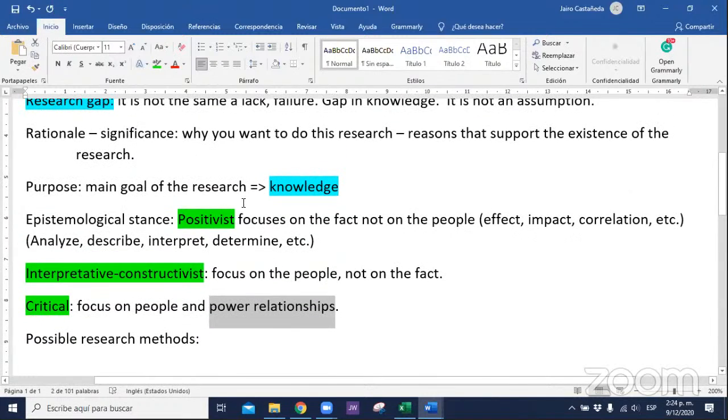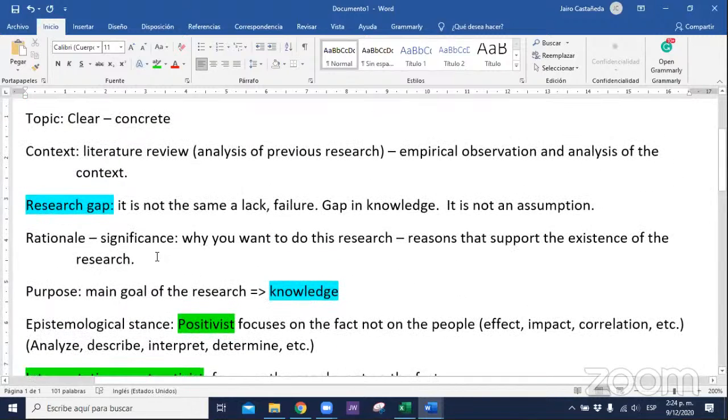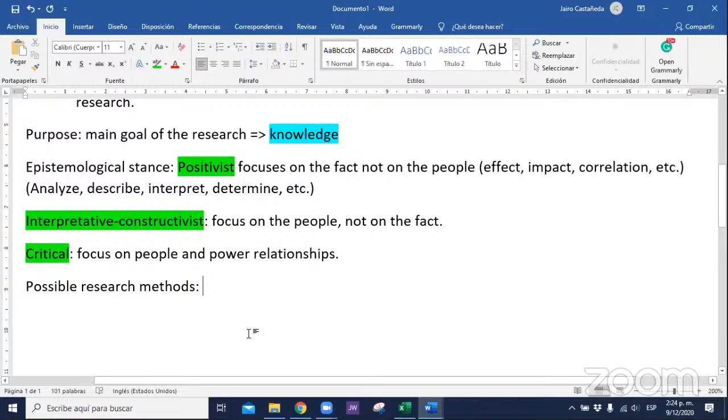Additionally, taking into account this epistemological stance, you have to pay attention to the possible research methods you can use, because depending on the research method, you are going to align also the purpose and the research gap, okay?